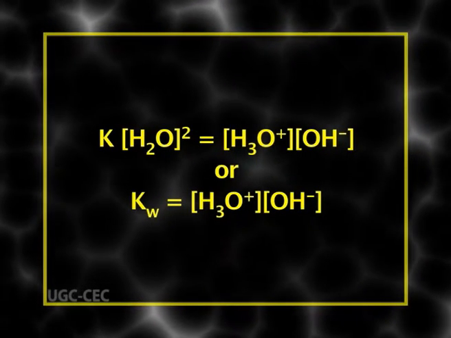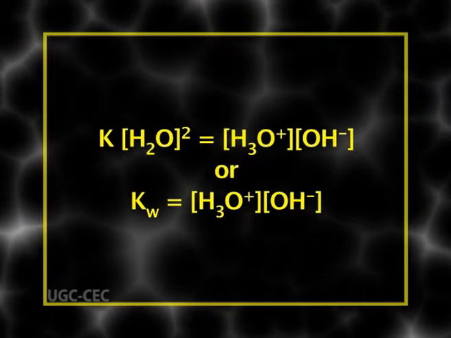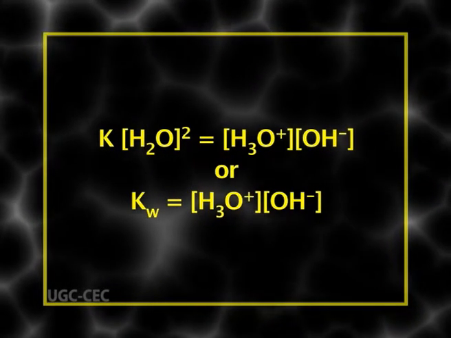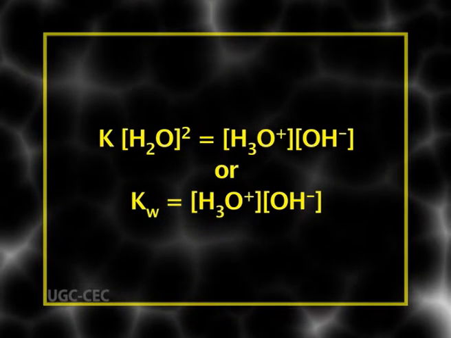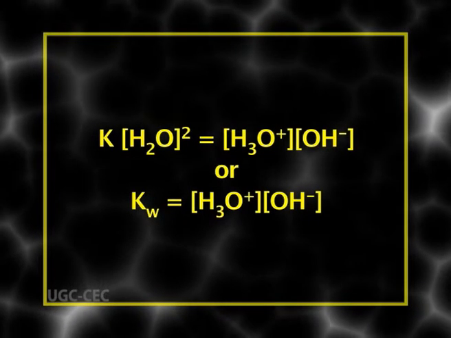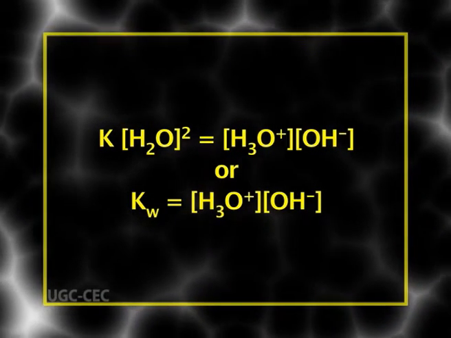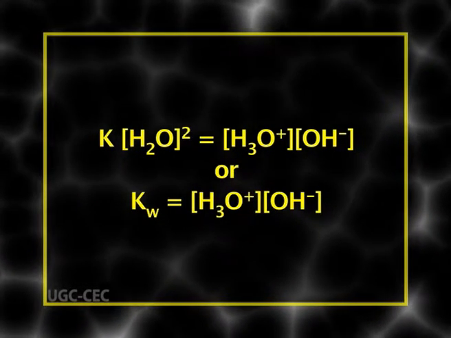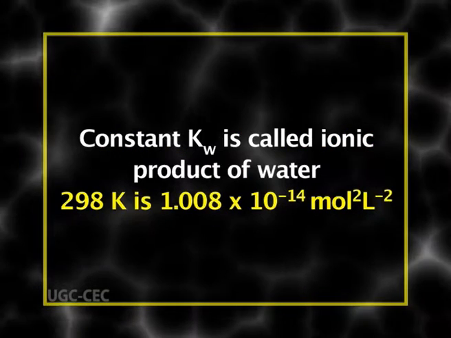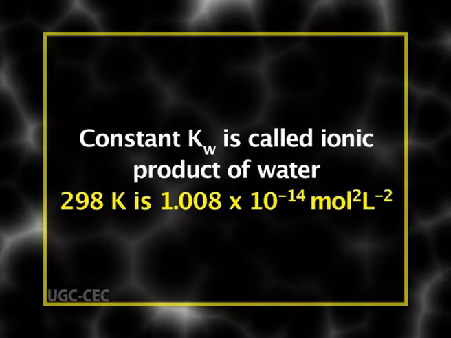Numerically, K times the square of the concentration of water is equal to the product of concentrations of H3O⁺ hydronium ion and OH⁻ hydroxyl ion. Or we can have Kw equal to the product of concentrations of hydronium ion and hydroxyl ion. The constant Kw is called the ionic product of water.